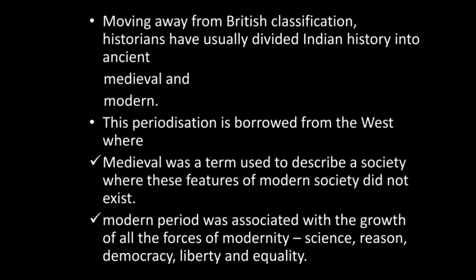The Western people used the term medieval to describe a less progressive society, whereas they used the term modern period to describe various factors of development like science, reasoning, democracy, liberty, and equality.